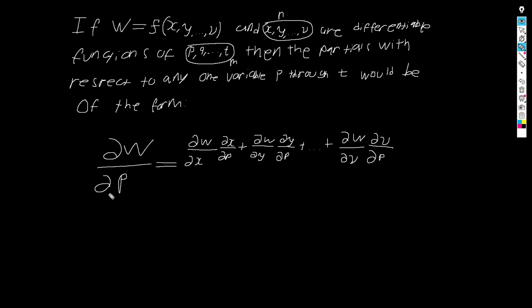So there's an m amount of partial derivatives which we can take with the chain rule, and those chain rules each are just a sum of an n amount of terms.